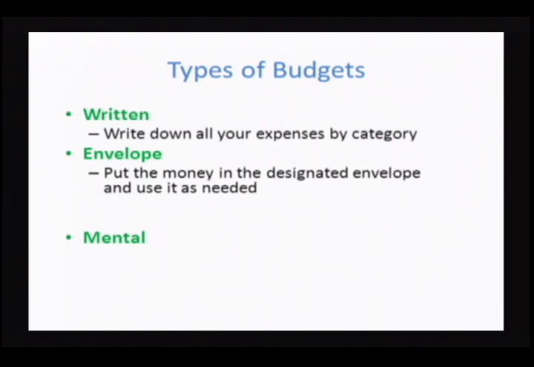Whatever your categories are, you're going to put the dollar amounts that you plan on spending in that category into the envelope. The envelope system, or envelope budget, is particularly useful for people who have a hard time managing money. If you have money in your pocket, do you have this burning desire to spend it? Well, maybe you want to use an envelope system.